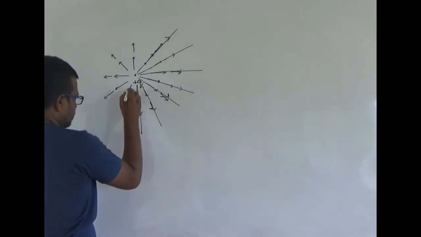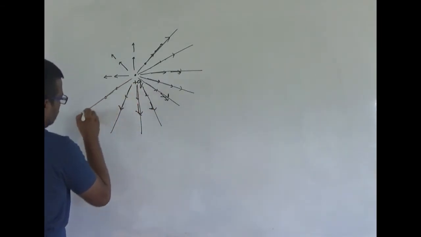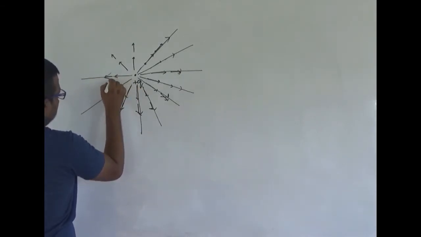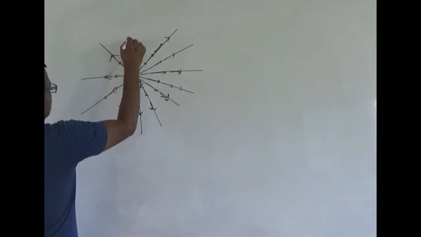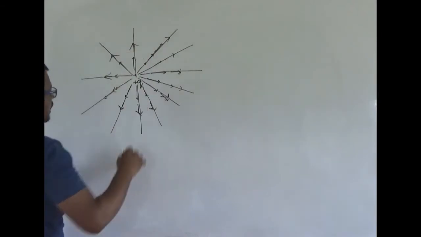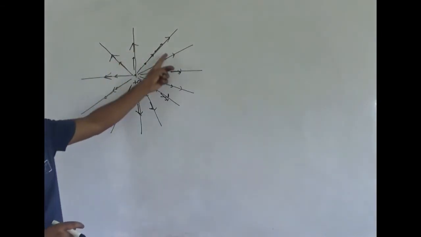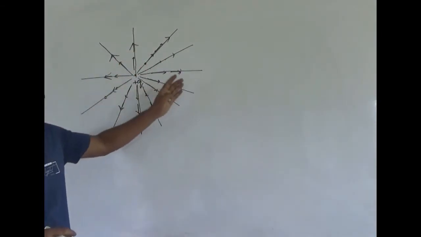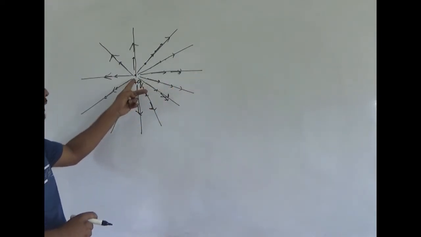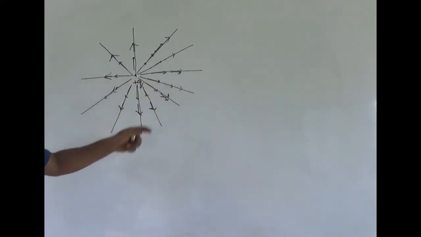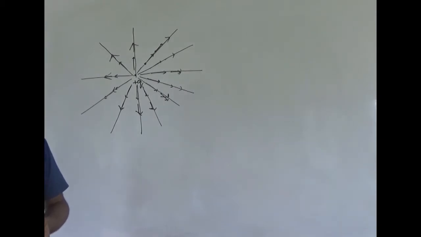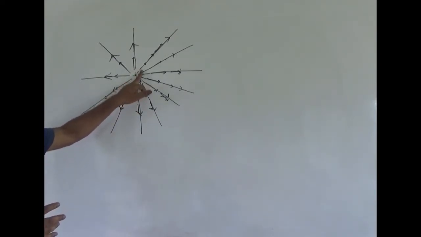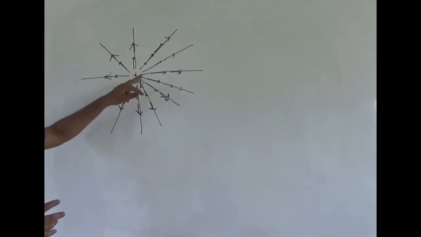If we add these arrows by lines, then we get different lines with an arrow. These lines are called electric field lines due to this positive charge, which are straight lines radially outward or emanating from this charge radially outward.